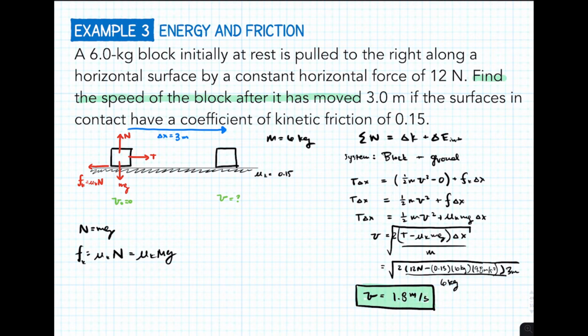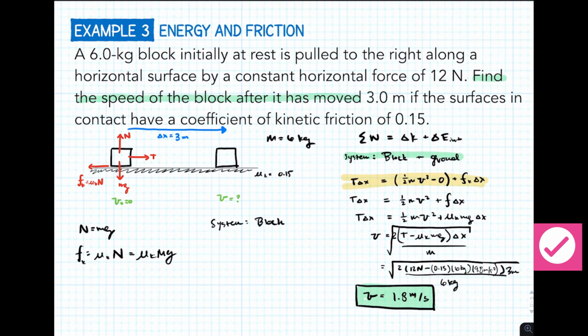Okay, that's what happens if we pick a system that's block plus ground, all right? How would this look different if we pick the system to be just the block? So if we go back to this part of the equation, let's say we picked a system that is just the block.